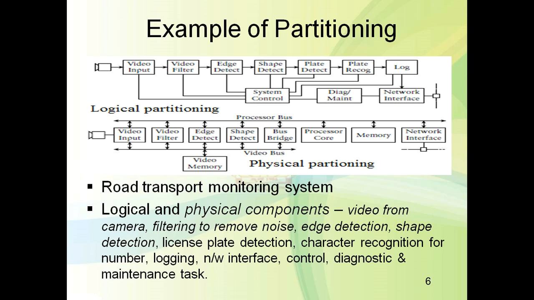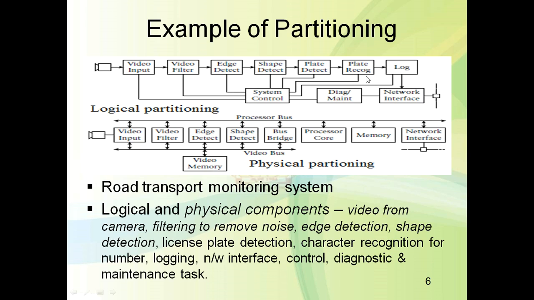For this road transport monitoring system, let us see what logical components we will require. The logical components are given by this block diagram. We require the camera, then video input, then we filter that video. Then we have to do edge detection, shape detection, and detect the number plate.